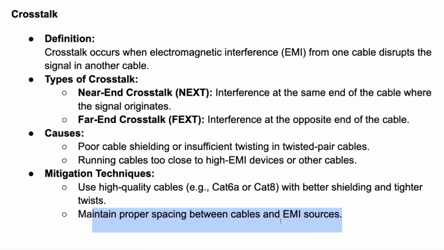Have at least one rack unit of separation between the devices, which will then provide, let's say, 2 rack units of separation between the actual ports that the wires are connected to. So definitely have proper spacing between the devices themselves, the EMI sources, and of course the cables themselves, and just make sure it's not too congested and cross-cabled.